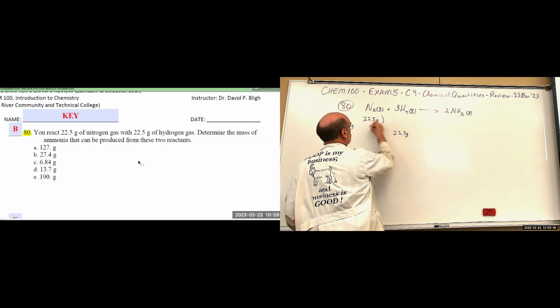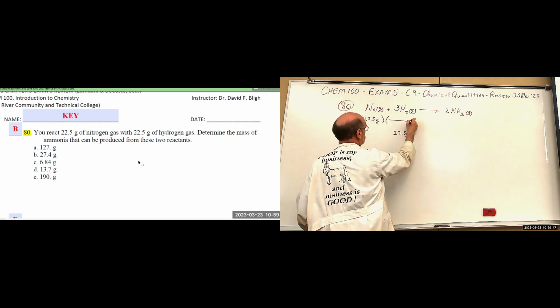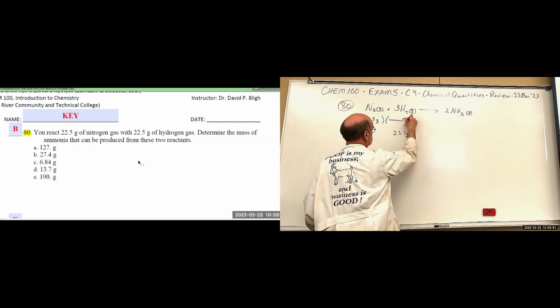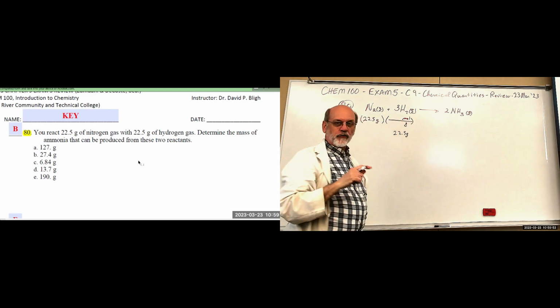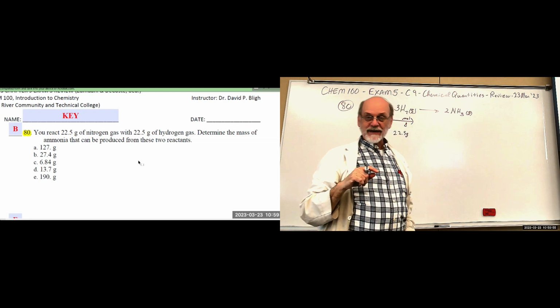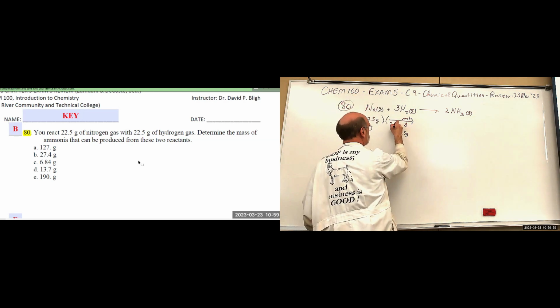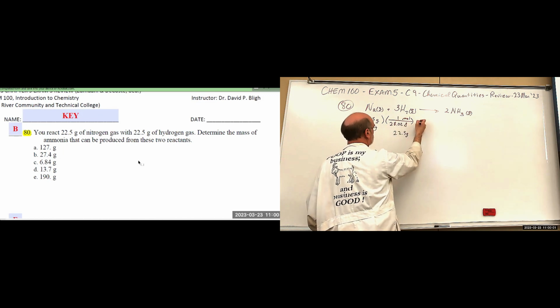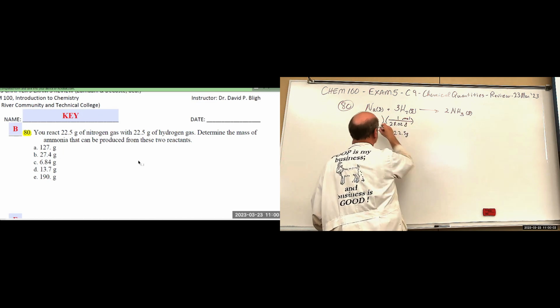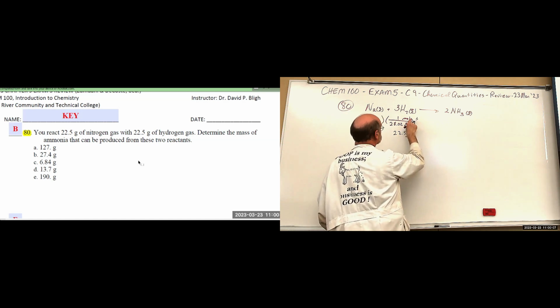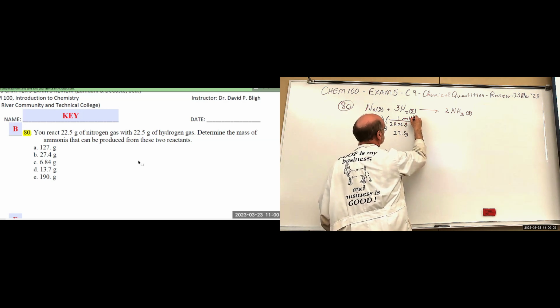Okay. So we need to convert 2 nitrogens. 1 nitrogen is 14.01. 2 of them is 28.02 grams per mole. Right? So it gets rid of that. Now I'm going to go ahead and string it together. This is moles of N2.